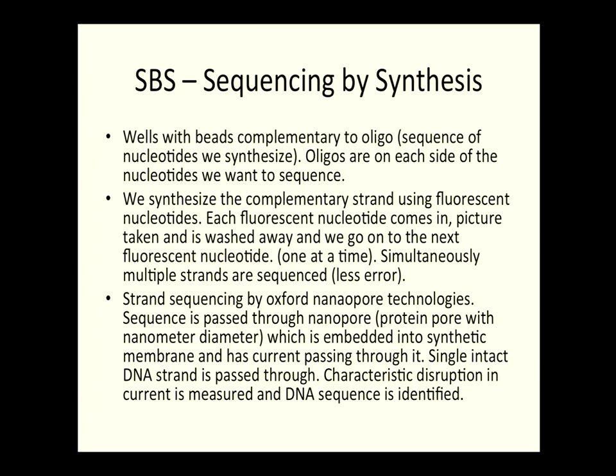You're going to use fluorescent nucleotides to anneal to your sequence of interest. So it's basically one fluorescent nucleotide comes in, you take a picture of that, and then you wash it away. And then another fluorescent nucleotide comes in, so forth, so forth. So from the pictures, you can decipher what the sequence was by complementary base pairing. Does that make sense?